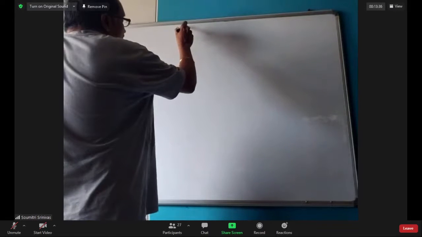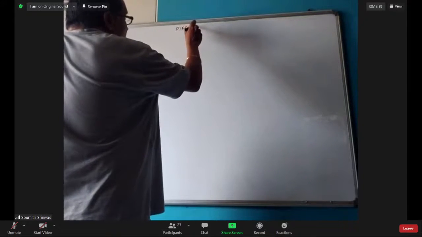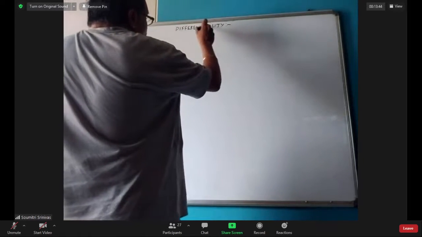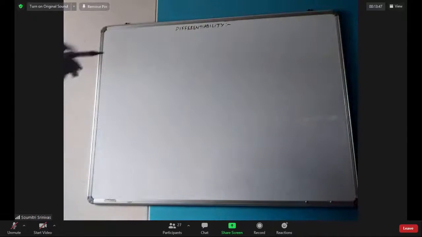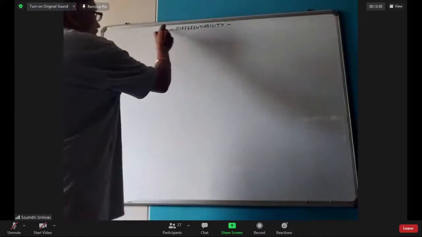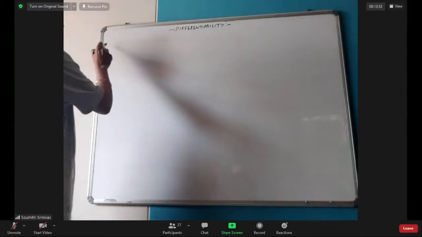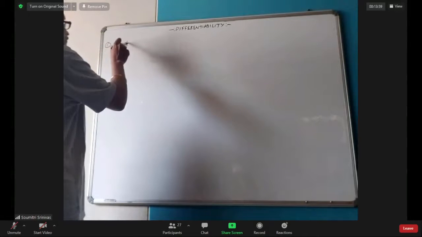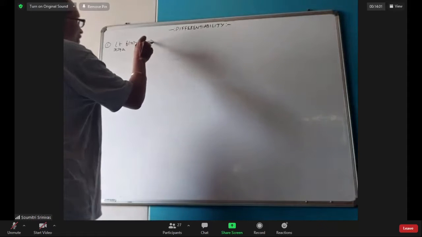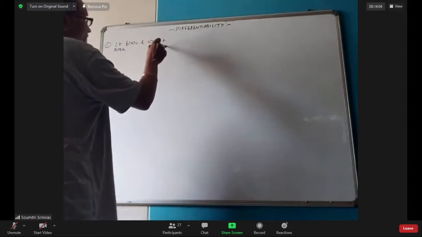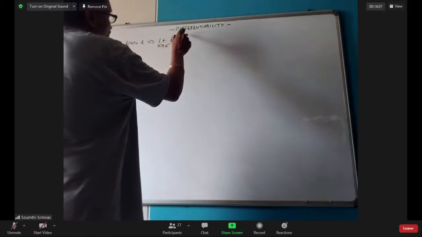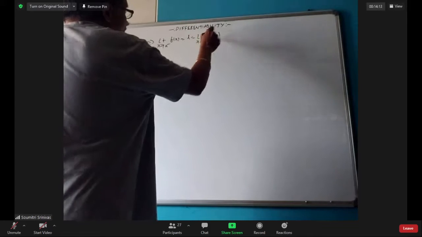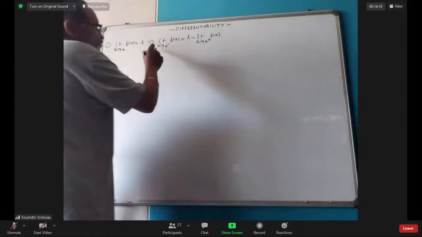Differentiability. Look here. When is limit x tends to a of f(x) equal to L, limit x tends to a minus of f(x) is equal to... Agreed? Agreed, sir. What was this called?